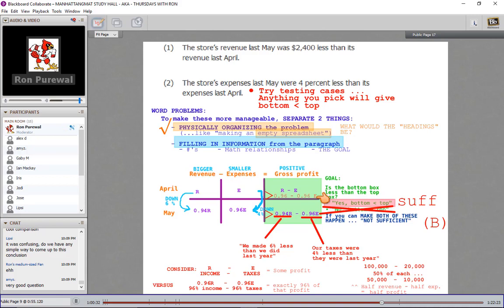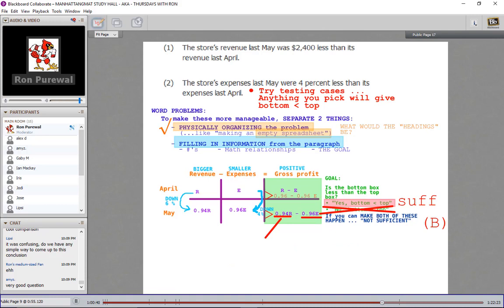But if not, then the last way that you can do it is to set it up algebraically. Let me just show you how to do that real quick. You have to set it up as a question: is 0.94R minus 0.96E less than R minus E?